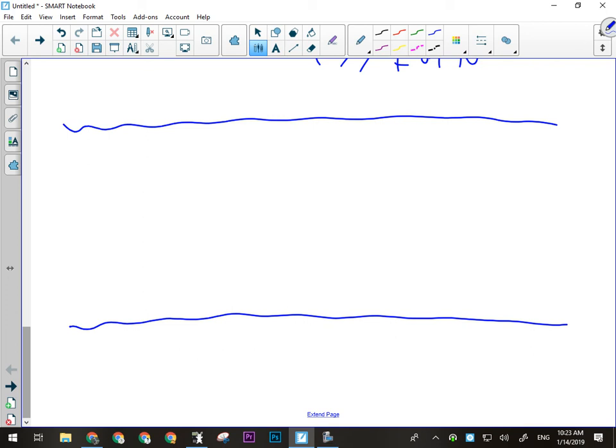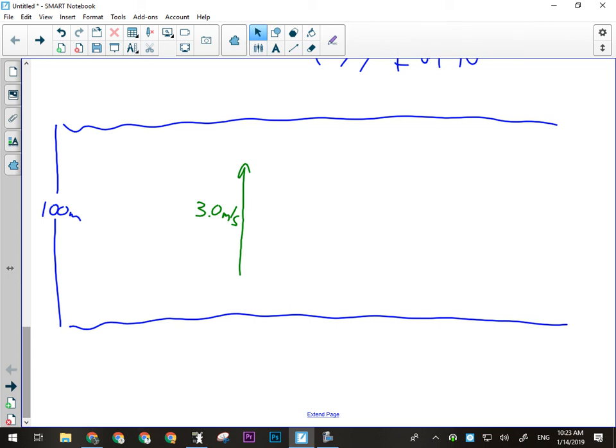So if I've got a river that is 100 meters wide, and I can row at, let's say, 3 meters per second, so I can row like this. The stream flows from left to right across the screen here, and the current flows at 1.5 meters per second. Where do I draw that?